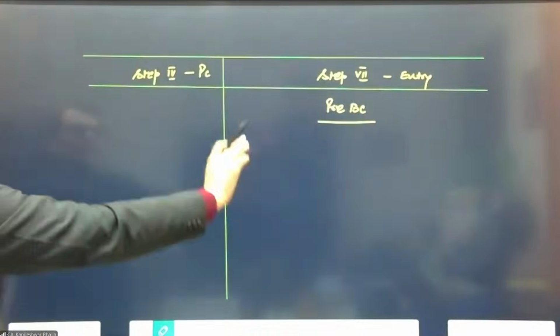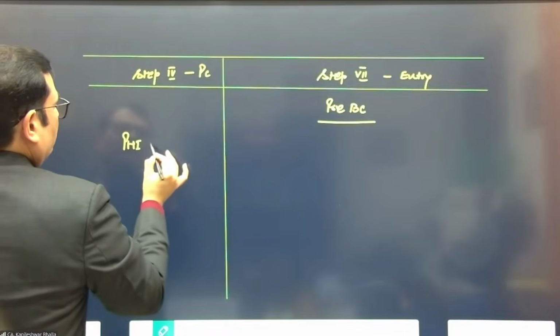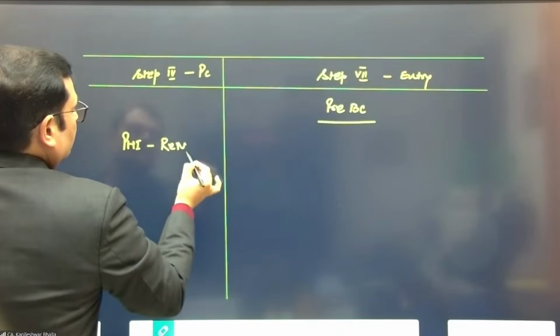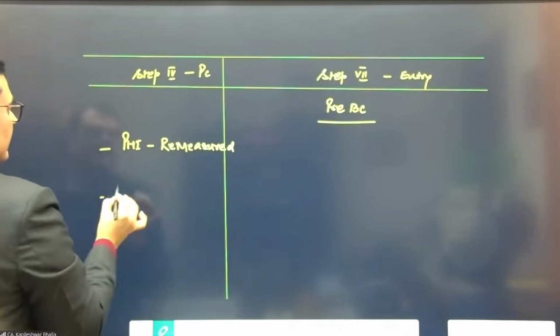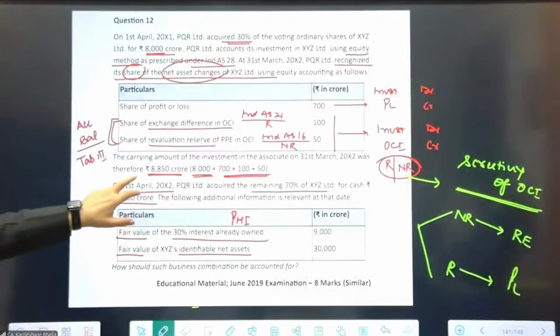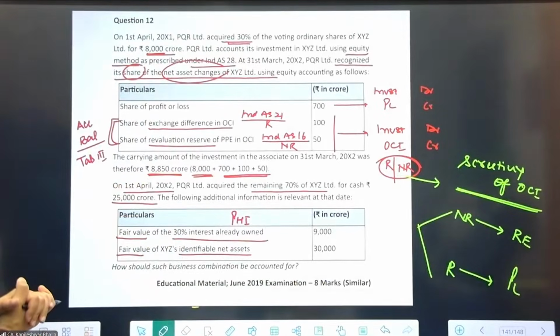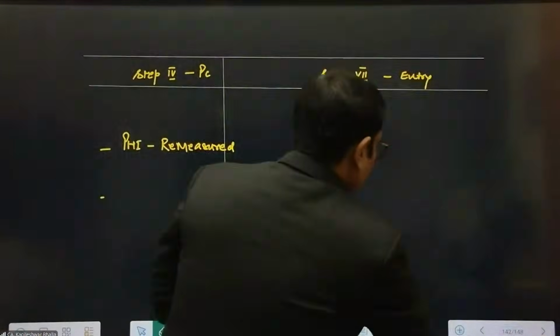So, the first thing is that the PHI is going to be remeasured, and in this case we are given the data. We know the book value is 8850 crores and the fair value is 9,000 crores.